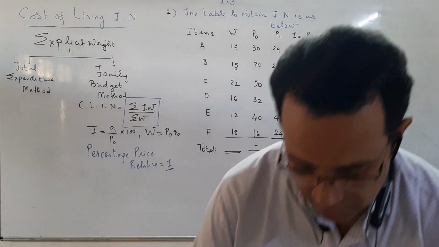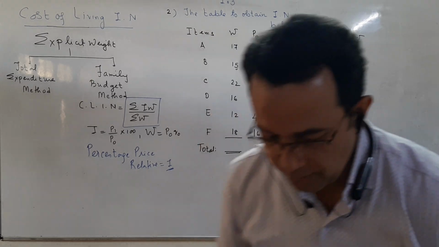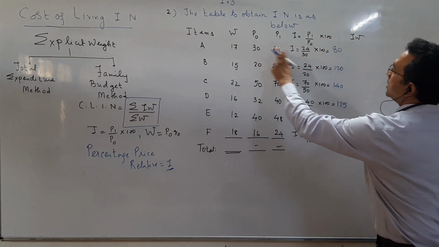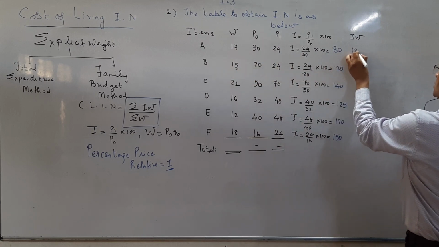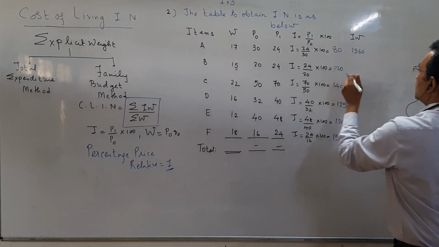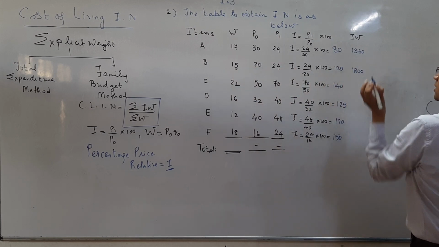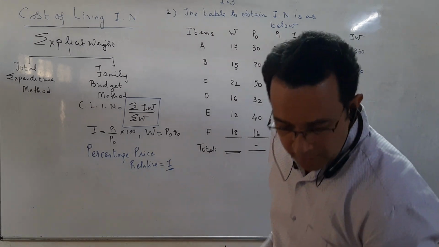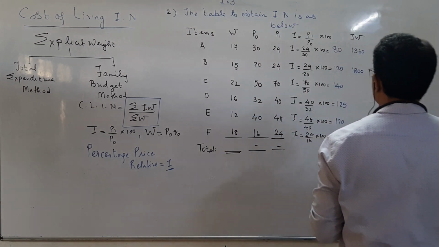Now students, the totals of IW. 15 into 120, 1800. Then 22 into 140, 3080.